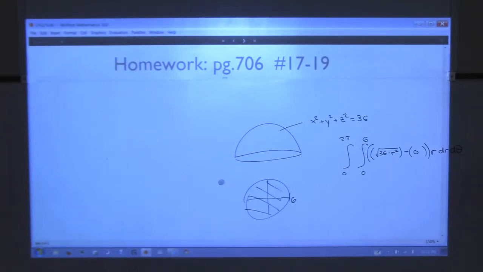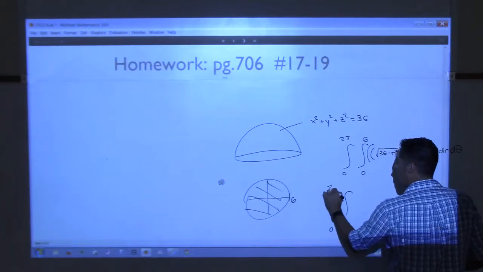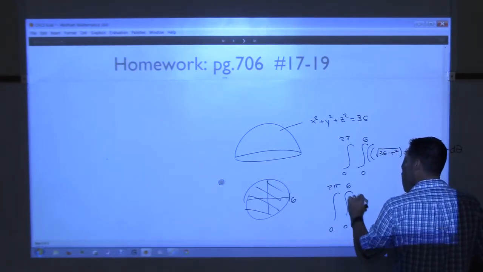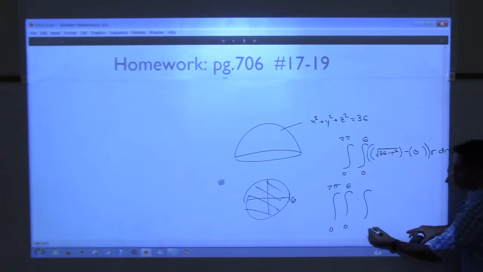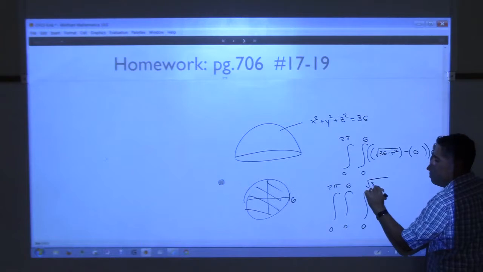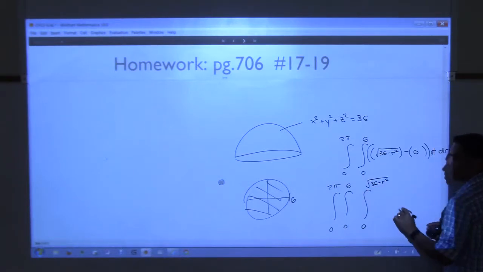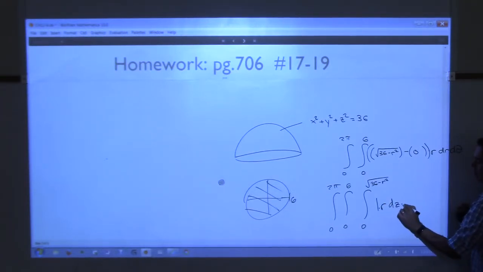Now if you do a triple integral instead, you're still going to do 0 to 2 pi, and you're still going to go 0 to 6. But now this part's going to be what? 0, the bottom, to the top. What was the top? Root 36 minus r squared. And what are you integrating? 1, r dz dr d theta.